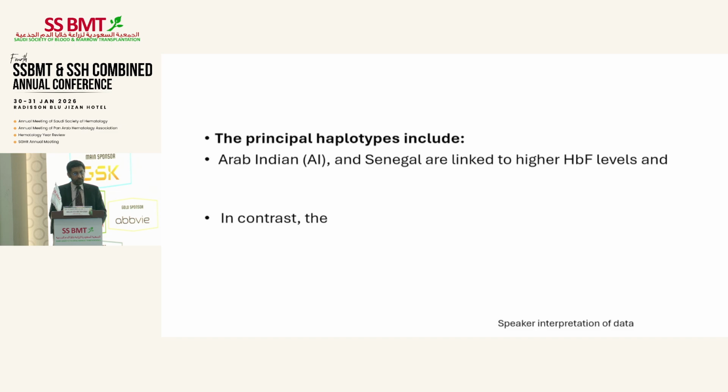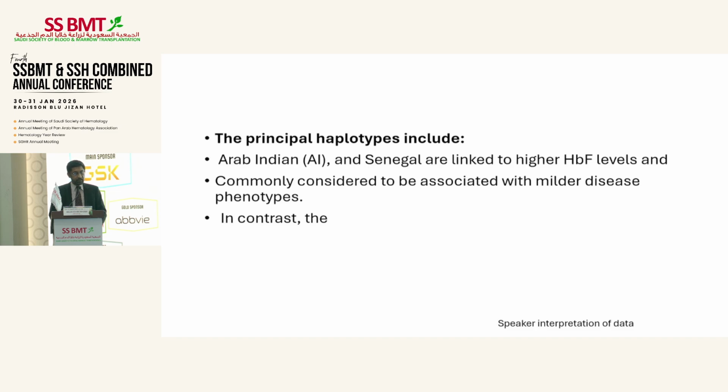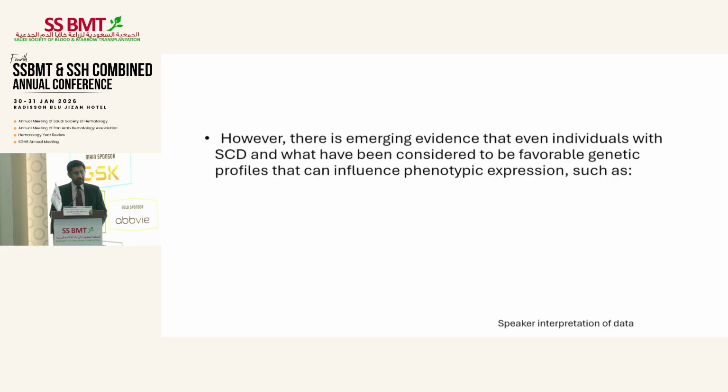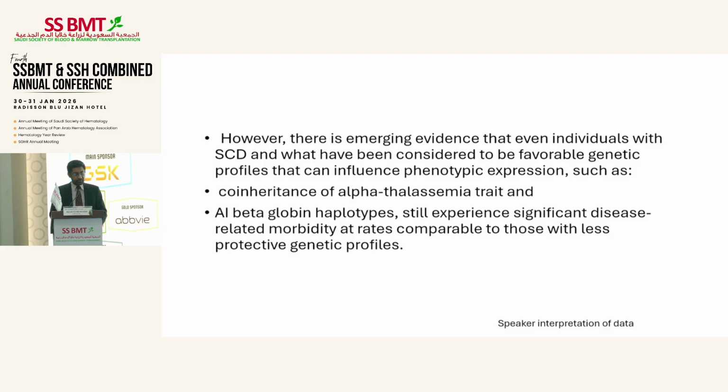The principal haplotypes of sickle cell include the Arabian Indian type, and it is suggested that this type and the Senegalese type have higher hemoglobin F, and that's why they have milder disease, in contrast to the sickle cell originating from Benin, Cameroon, and Central Africa, which has lower hemoglobin F. However, this does not hold true in real practice. There are still patients with Arabian Indian type who have severe disease.